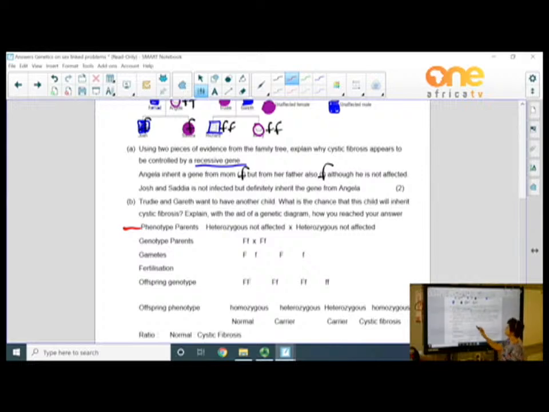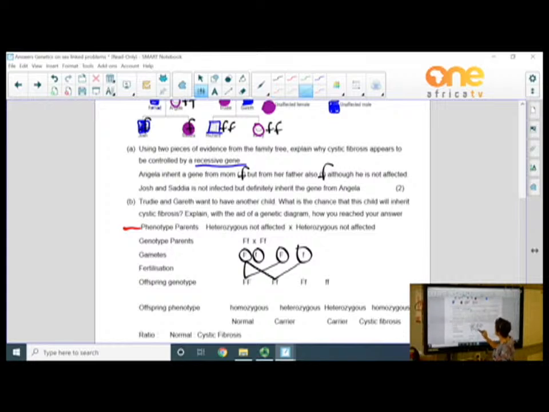The phenotype of the parents looks like that, and when we look at the gametes, and please remember, we always circle gametes, we will see that there are possibilities.